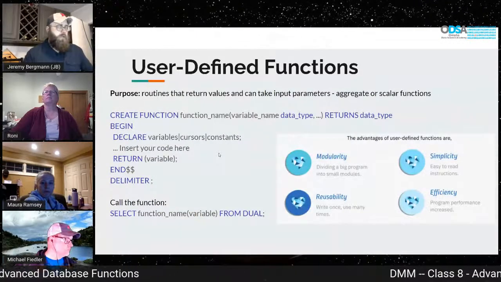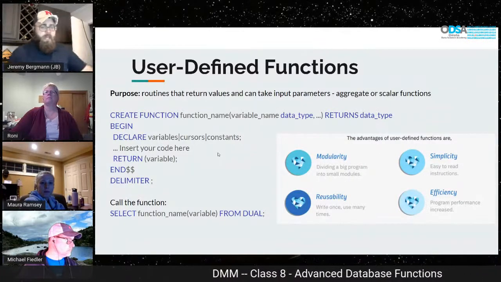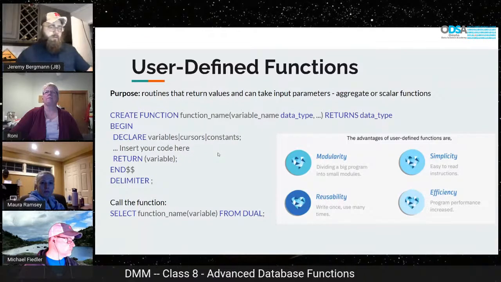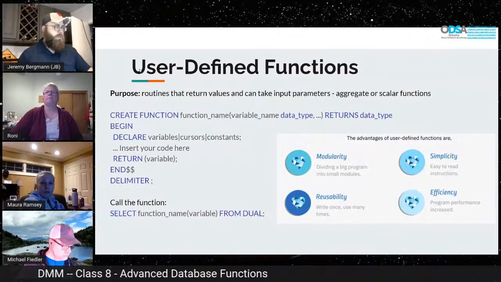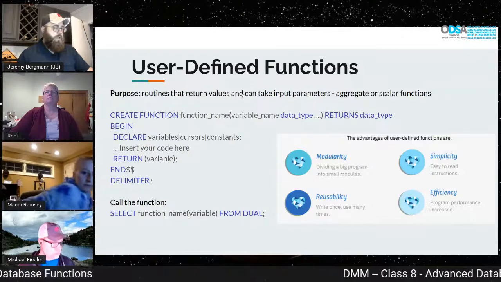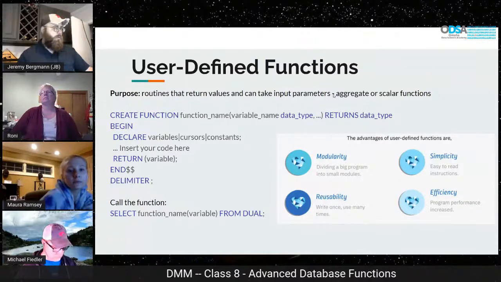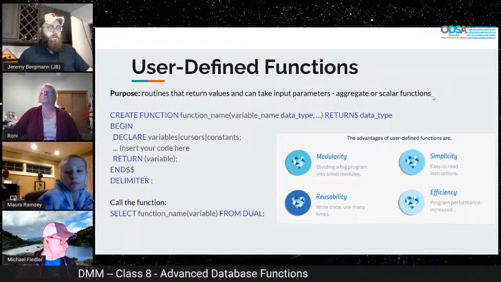So next we're going to go with the user defined function. Unlike a stored procedure that runs multiple steps, a user defined function is going to return a value and can take input parameters, and then you can create it as either an aggregate or scalar function.